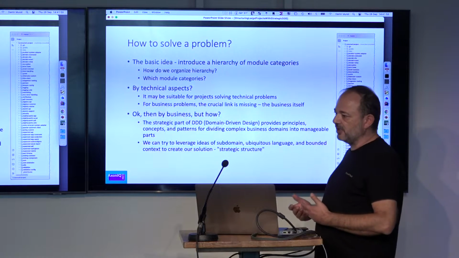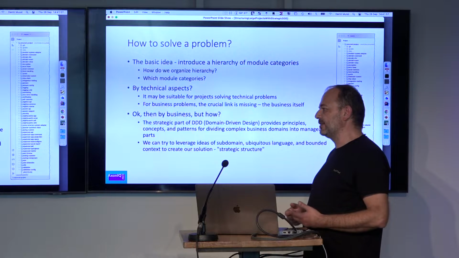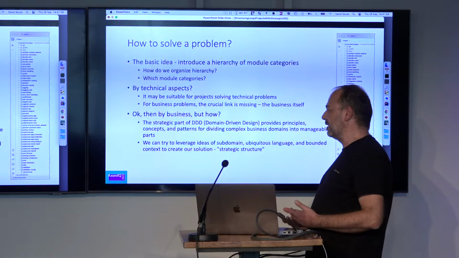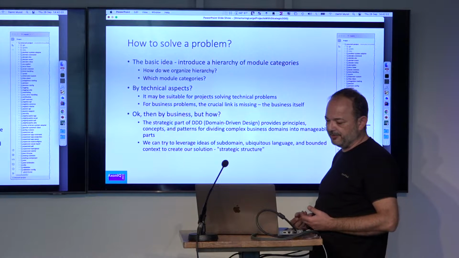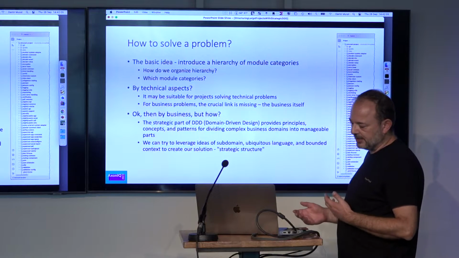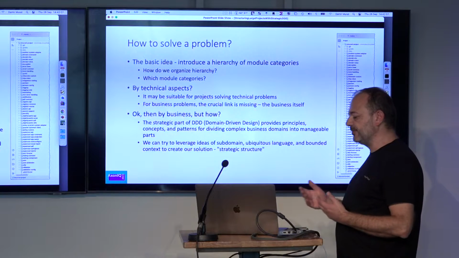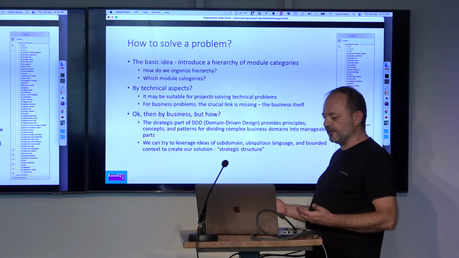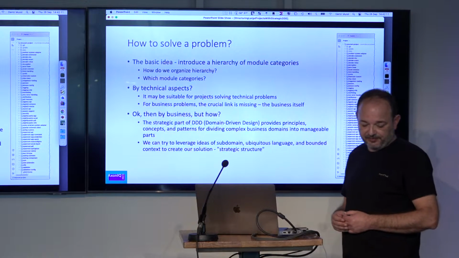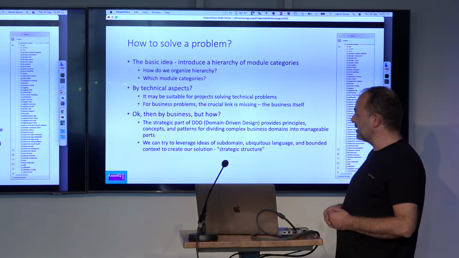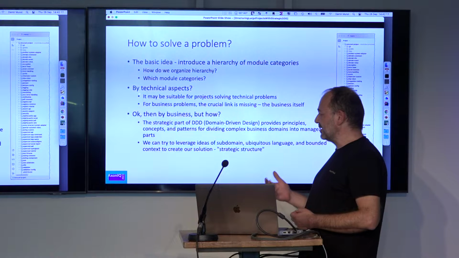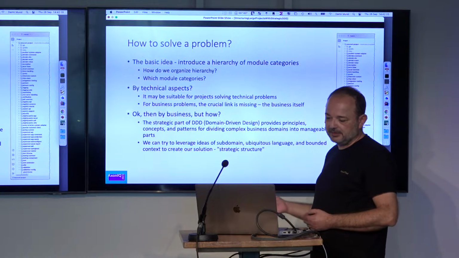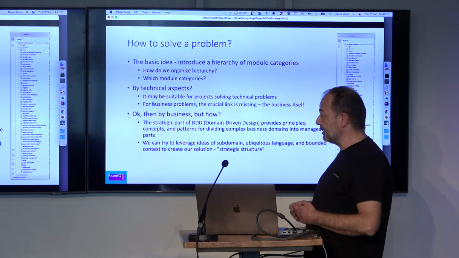You may try to organize modules based on their technical similarities only. And that may even work for simpler cases, or if you are building some purely technical solution, let's say an administrative interface of some kind. But for business problems, especially complex ones, the crucial link is missing here, and that is the link to the business itself.